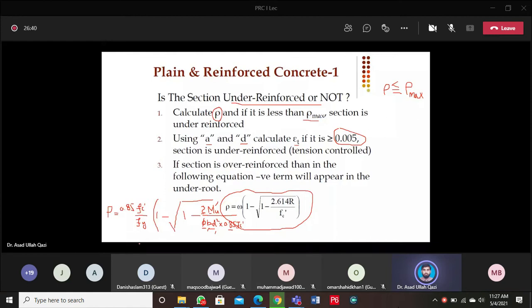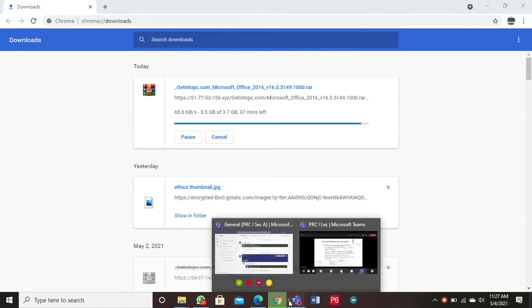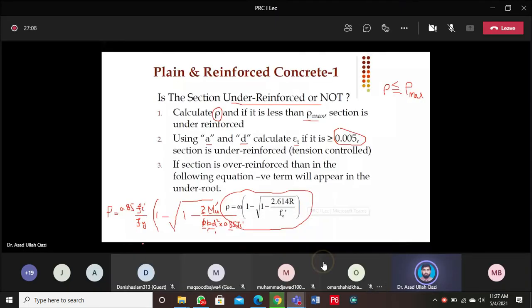Actually, now I am talking about a cross section in which I am selecting some cross-sectional dimensions. I may say that I have proportioned the cross section, I have fixed the width of the cross section and the effective depth, I have the moment demand Mu on the beam in hand, and I want to design that beam.